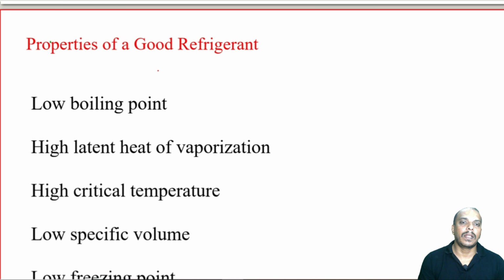But for the low boiling point, for example, if we take a refrigerant which boils at minus 5 degrees Celsius, it can give you cooling of minus 5 degrees Celsius. If you look at this vapor dome, let us say minus 5 degrees Celsius is the temperature at which this boils.